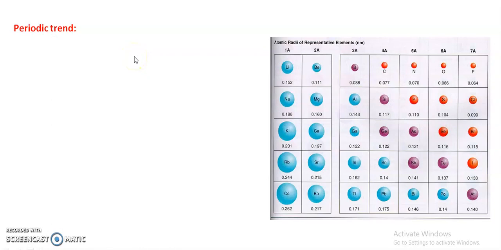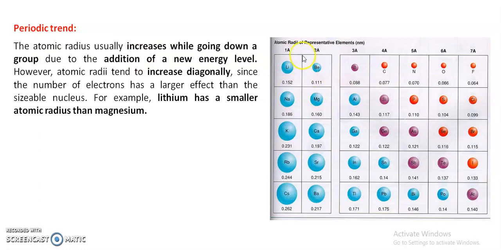Now we see the periodic trends in atomic radii. Going from top to bottom down a group, covalent radius increases because of the addition of a new valence shell, since the number of shells has a larger effect than the increasing nuclear charge.